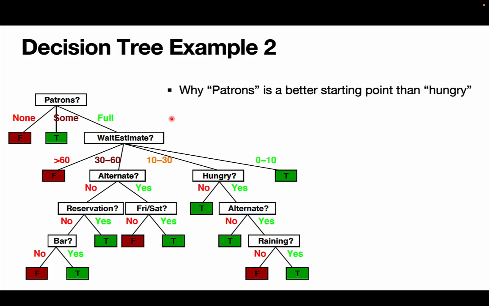One question we may start to think about: why does this decision tree start with patrons and not something else? The answer relates to feature importance, which is going to influence the sequence in which features are evaluated. We will learn several methods to compute this importance.